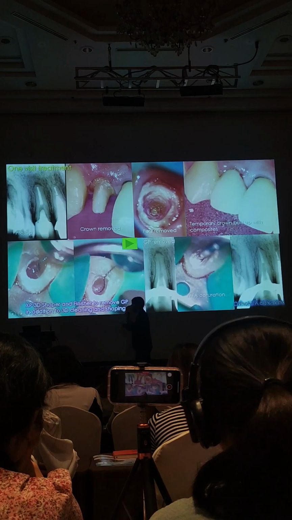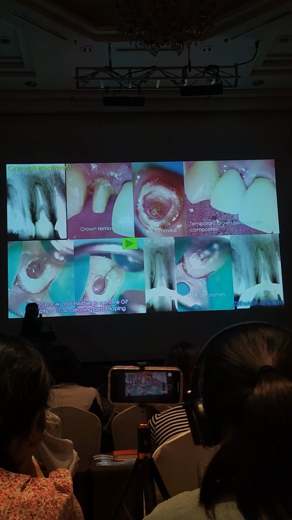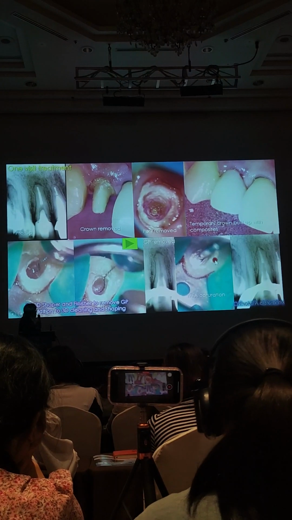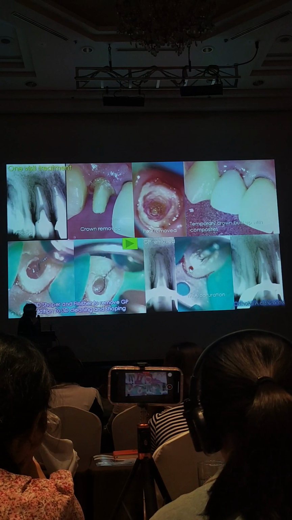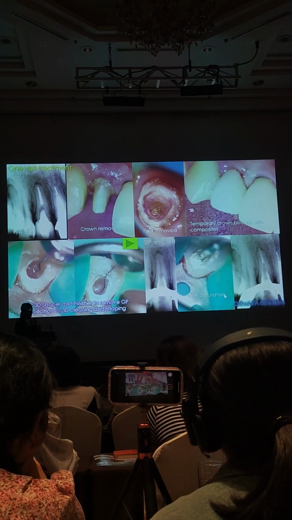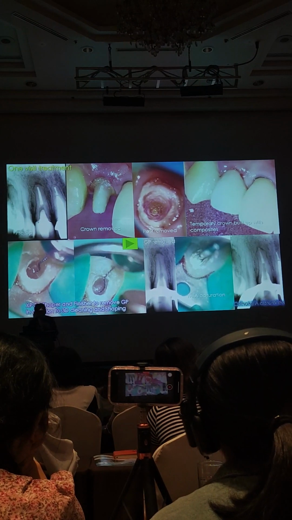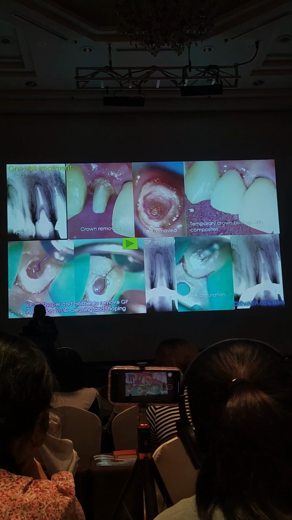Then I spin the XP Shaper at higher speed. Then I removed it. Then I do one visit treatment. Then I use MTA as a root filling material, and this is a post-op. This is how I remove the gutta-percha, how I do the retreatment.